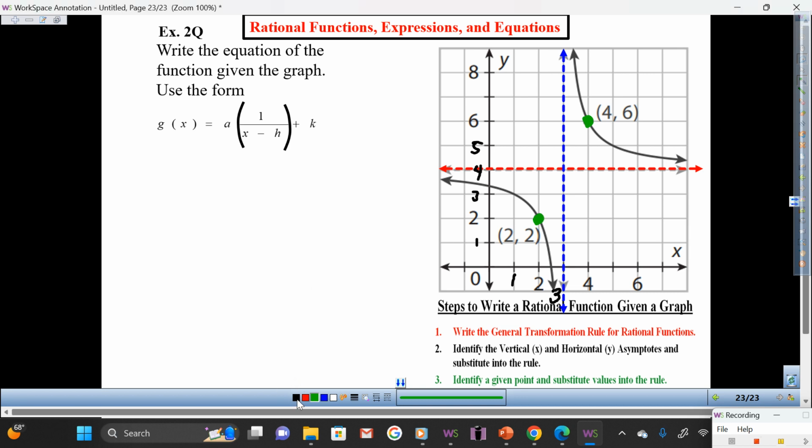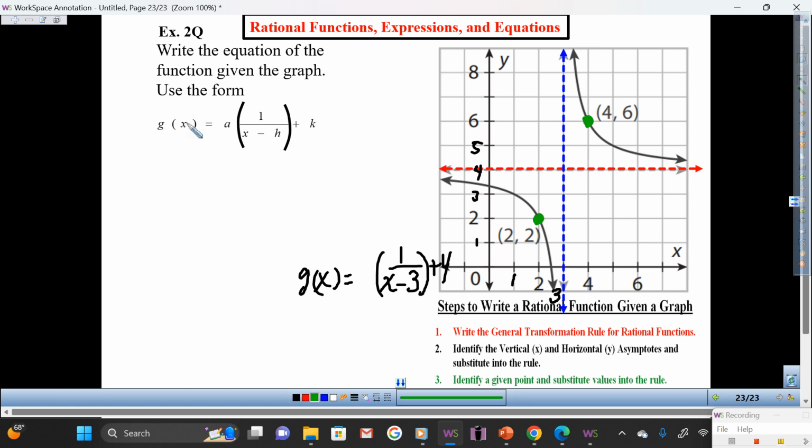So the last part should be, let's see, G of X equals something minus 3 plus 4. So far so good, yeah? And I just need, here's my X, I just need A. So what point did you use for that one, Anaya? 2, 2, yeah? Makes it a lot easier.